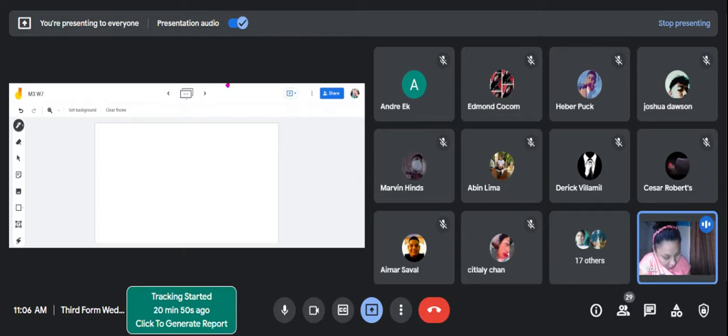Let me share the screen. If they tell you, okay, a square, right? This is my square, and this square has an area of 900 centimeters squared. I think it's centimeters, right?